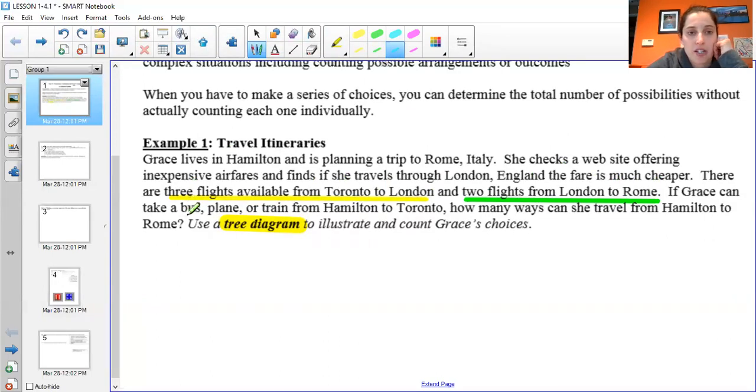Sorry, the first leg here is taking the bus, plane, or train from Hamilton to Toronto. So how many ways can she travel from Hamilton all the way to Rome? Using tree diagrams to set this up, I'm going to actually teach you.